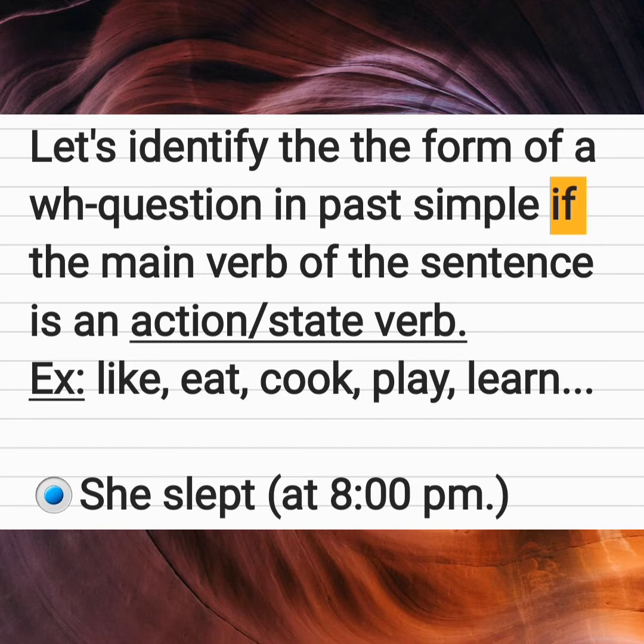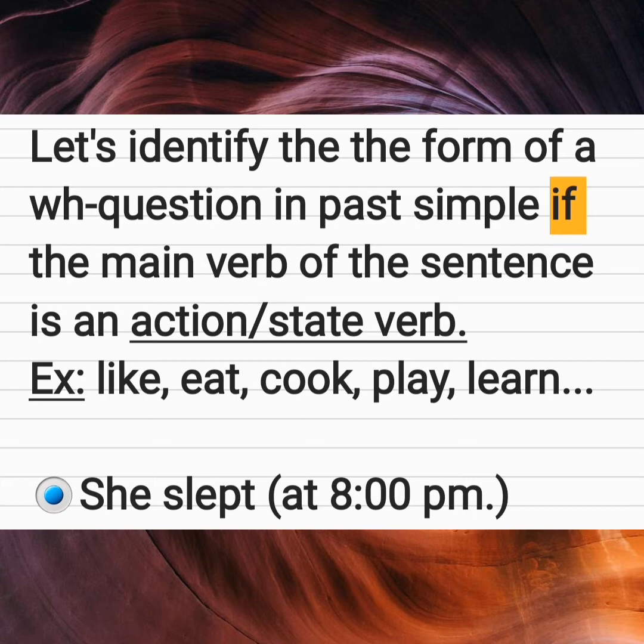Let's identify the form of a WH question in past simple if the main verb of the sentence is an action or state verb. For example, like, eat, cook, play, learn, etc. So let's take this example. She slept at 8 p.m. If we want to ask about 8 p.m., the first step is to identify the needed WH word.